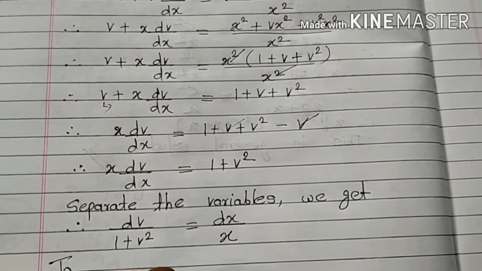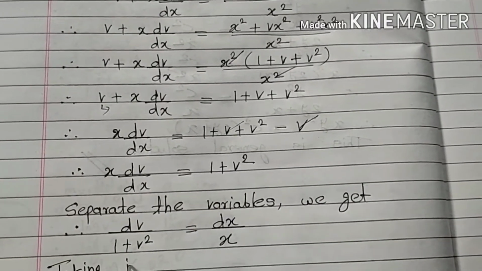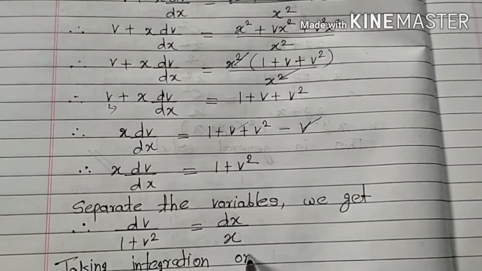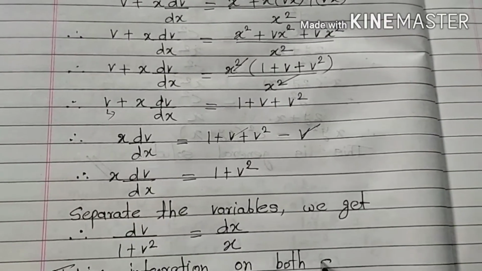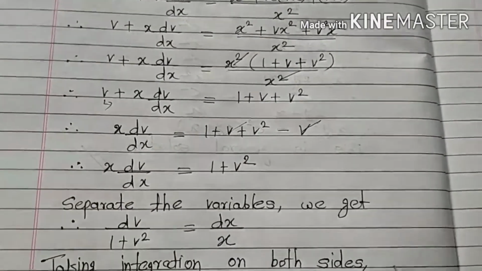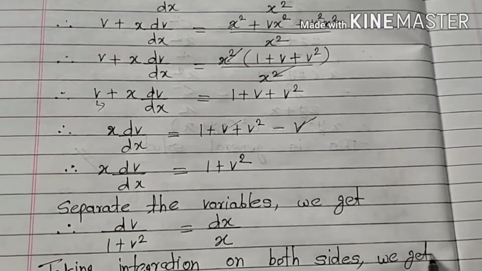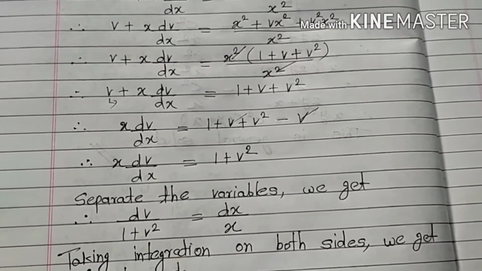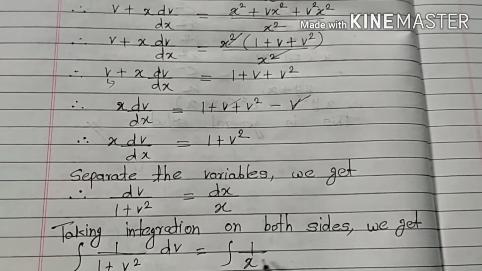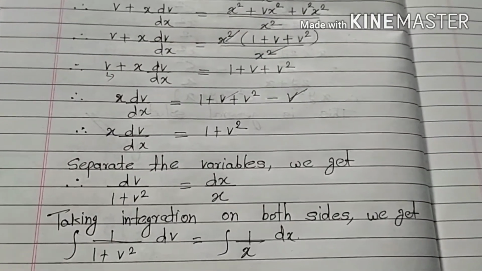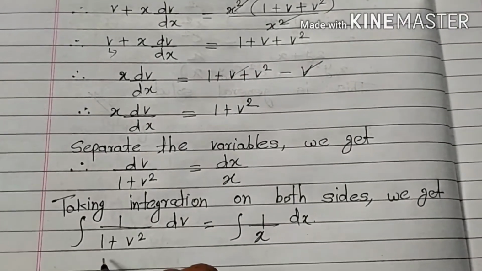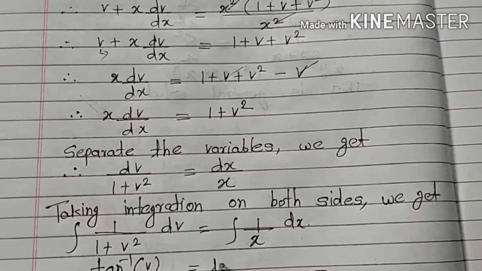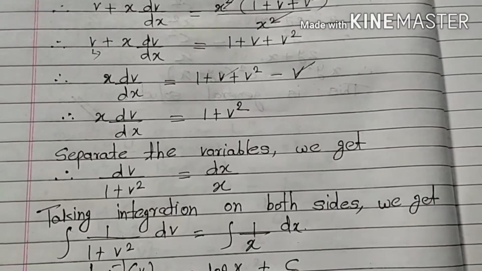Taking integration on both sides. And we know that the integration of 1 upon 1 plus v square is tan inverse v, which is equal to log x plus c.